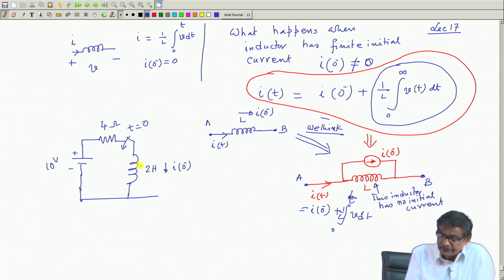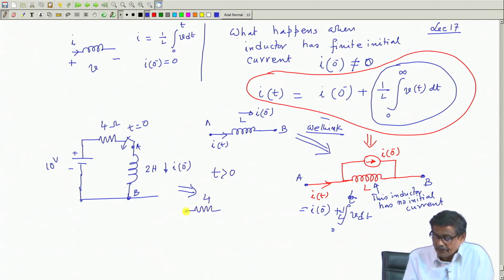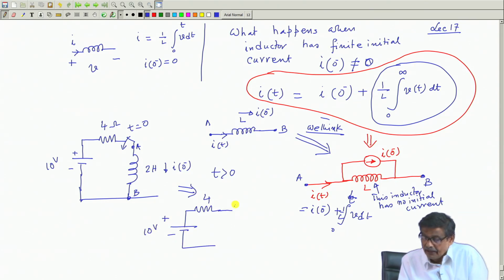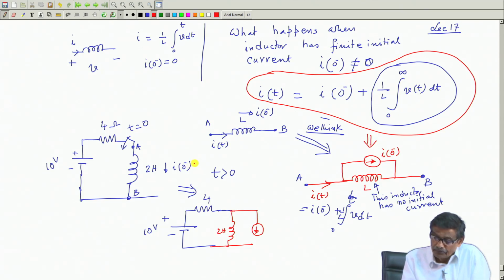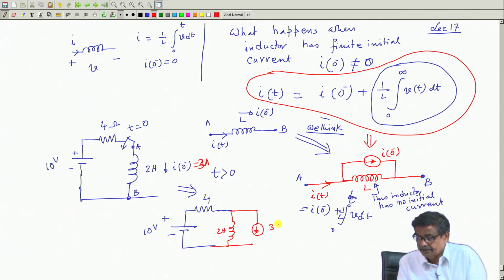So, this circuit, call this A and B. You say that the circuit for t greater than 0 will be like this: 4 ohm, your battery is there, 10 volt, and I will draw it with a red color to indicate that it is an inductor, 2 Henry, with no initial current, and this initial current is here, show it by, say, suppose I 0 minus is 3 ampere. So, I will connect it like this.